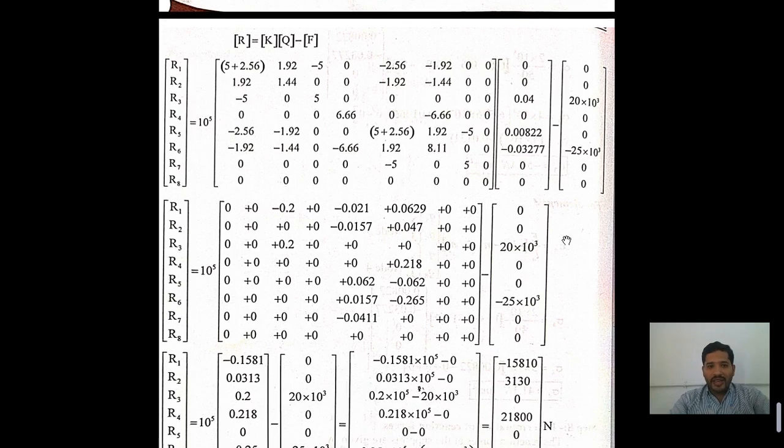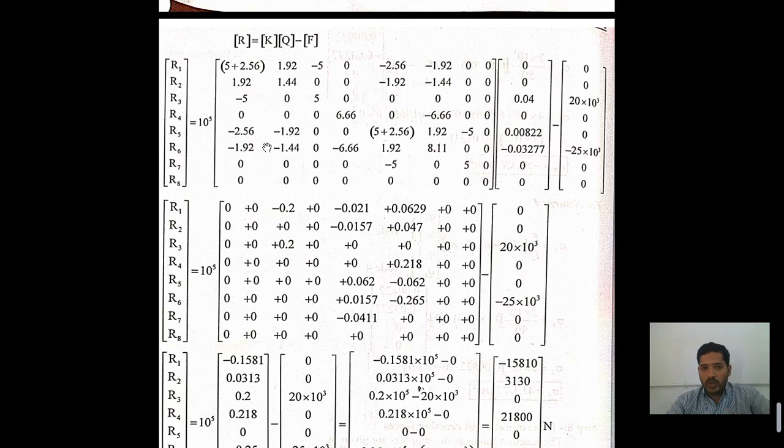Clear? After that just you need to multiply. First, this is 5 plus 2.56, nothing but 7.56. 7.56 into 0 becomes 0. Clear? Again 1.92 into 0 becomes 0, minus 5 into 0 becomes 0, minus 2.56 into 0 becomes 0, minus 1.92 multiplied by 0 becomes 0.